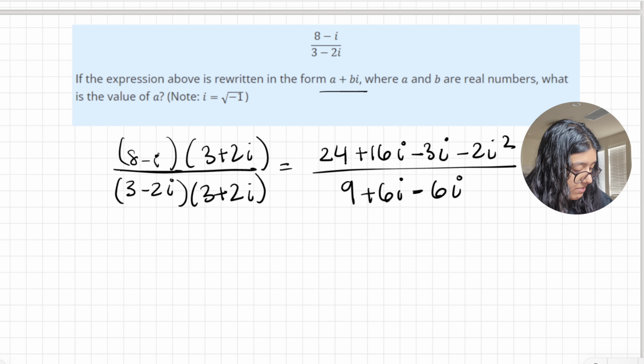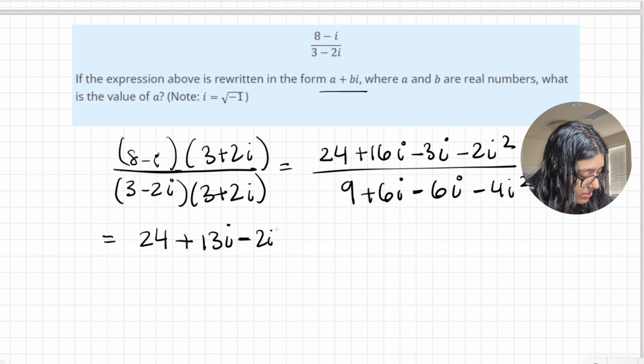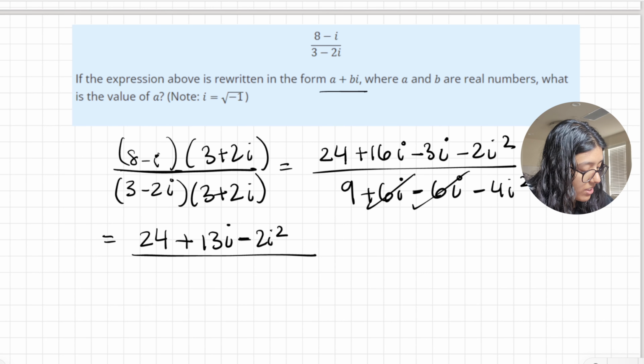Minus 2i times 2i is minus 4i squared. Now let's simplify the top first. We have 24 plus 16i minus 3i, that is just 13i, and minus 2i squared. Let's simplify the bottom. The middle two terms get canceled out, leaving 9 minus 4i squared.